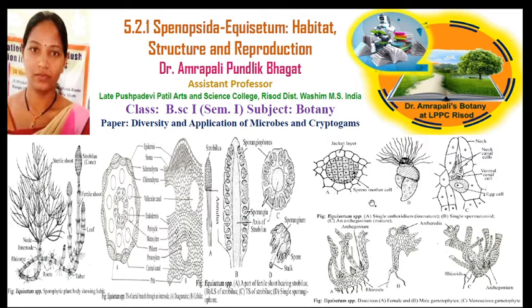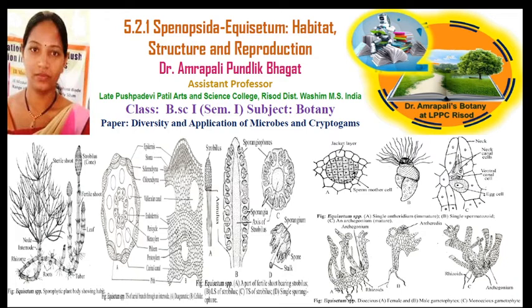Likewise, when there is development of an antheridium, the plant body goes through such developmental conditions, that is a single antheridium, then single spermatozoids, and this is an archegonium, a mature archegonium.